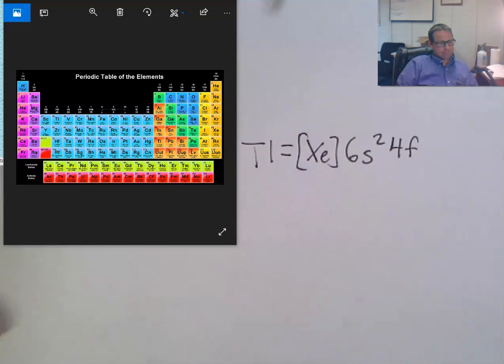Can you explain why 6S2? Yeah. So, trying to get to thallium here, right? Here's thallium. Can you see my cursor there? Yeah. Okay.